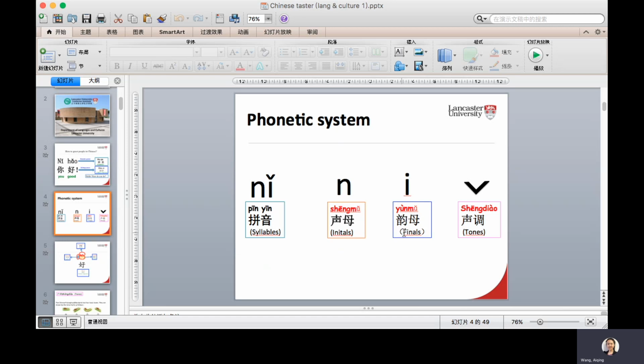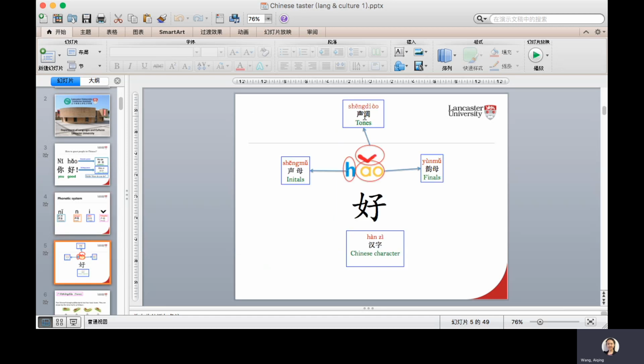The vowels are called finals or 韵母 in Chinese, and also something special called 音调, so the tones. There are 4 or 5 tones in the sound system. So that's the combination of the initials, consonants, vowels, and finals, and the tones. So 好 consists of these different parts.